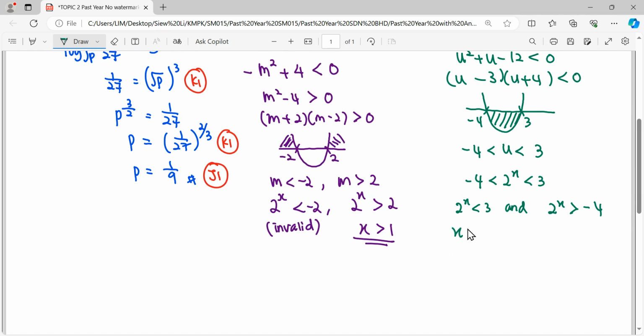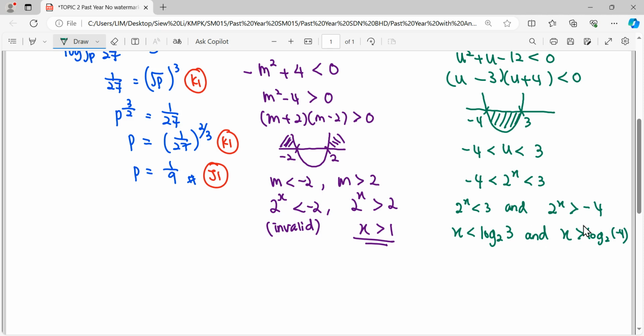So x will be log this one. When you want the x, you change from the indices to log form. The base of the indices becomes the base of the log, base 2. So another answer here, x will become log 2 of negative 4, but this one will be invalid for log.